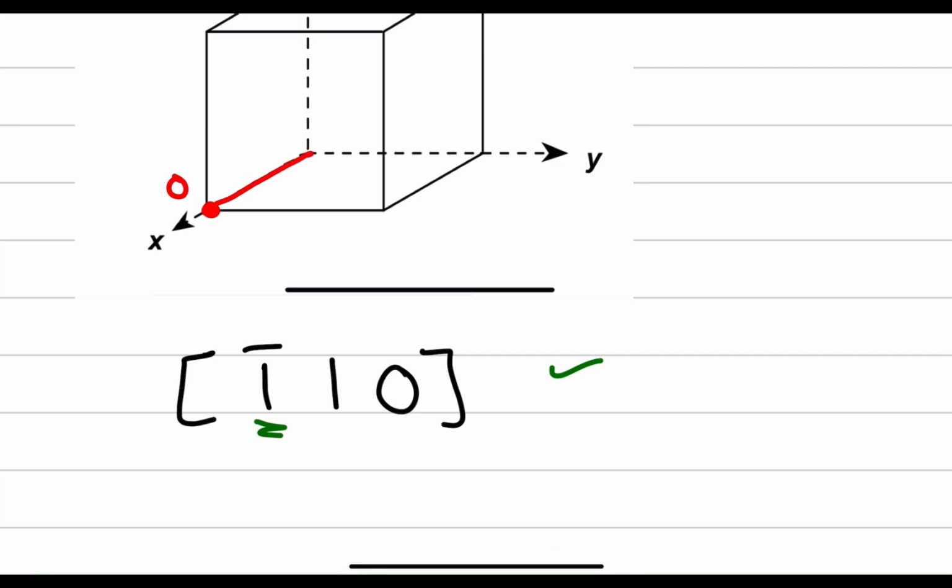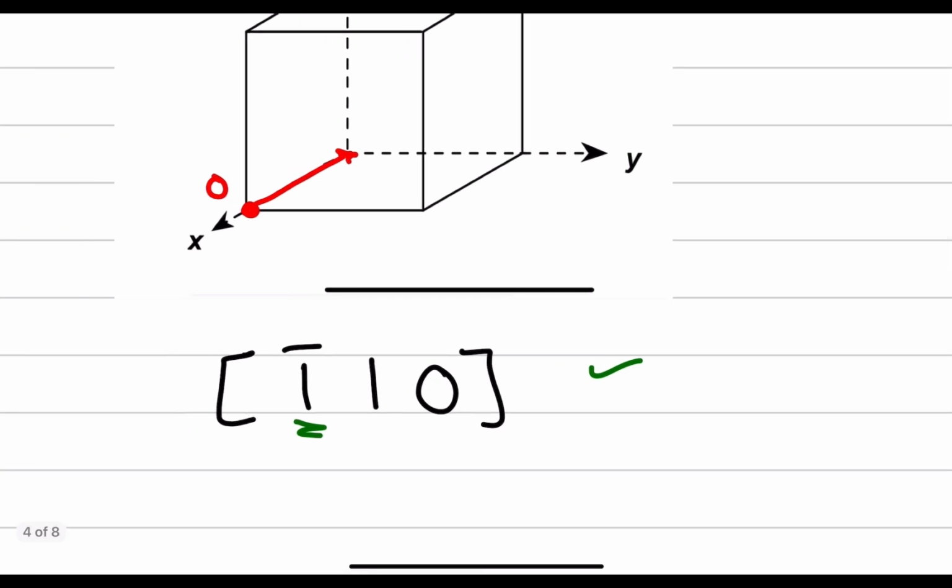This is minus 1 at x, and then we go 1 in the y direction, and z is 0, so the direction will be from the origin to the final point that we reach. So the final answer will be this green arrow.